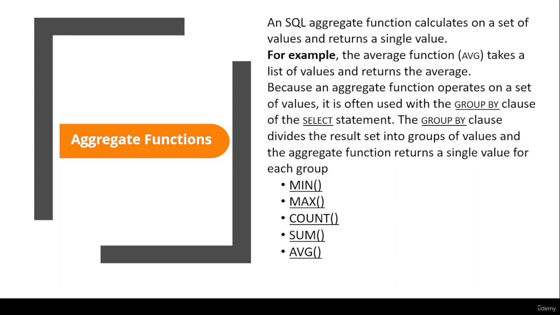because the group by clause divides a result set into different groups, and in front of each group the aggregate function works, showing a single value in the form of minimum value, maximum value, and count, which tells how many values lie in a particular group.